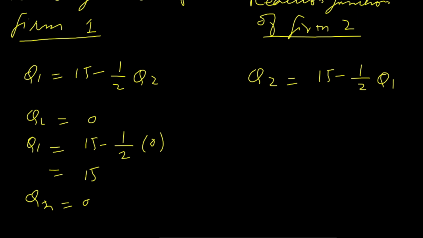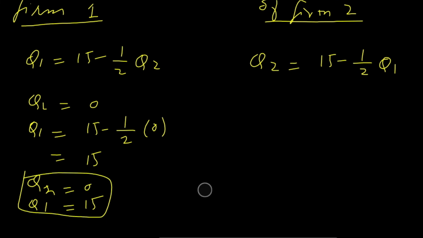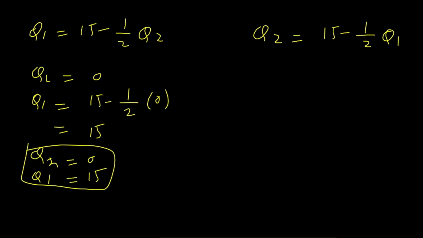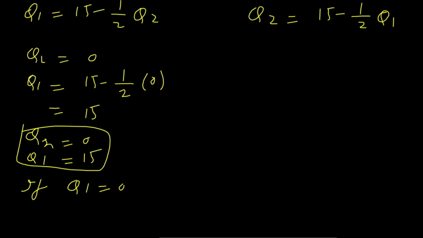So when the value of Q2 is 0, the value of Q1 is equal to 15. And on the other hand, if we consider the value of Q1 equals 0, then we can see what will be the quantity Q2. So if Q1 is equal to 0, then we can put this into the main equation.